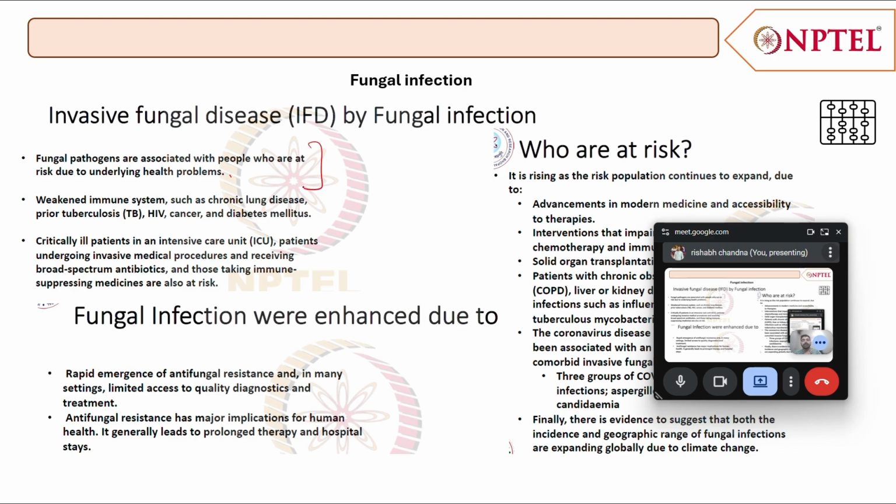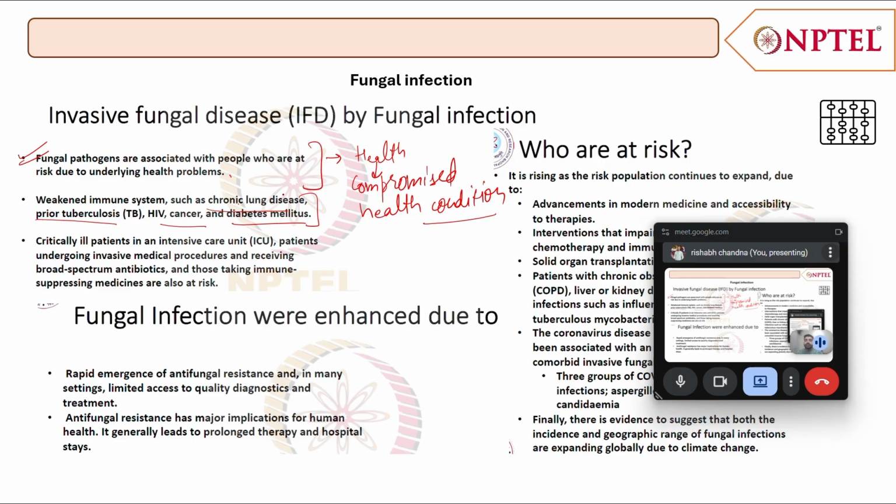Okay, so whenever there is another associated health problem that leads to a compromised health condition, that allows the fungal pathogens to replicate inside the body. Okay, then a weakened immune system, such as chronic lung disease, prior tuberculosis, HIV, cancer, and diabetes mellitus, weakens the immune system.